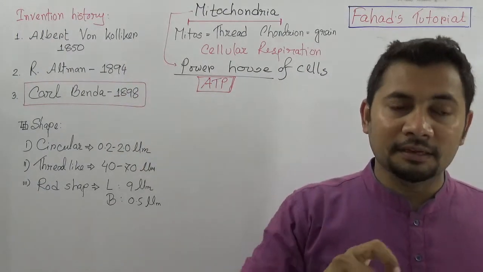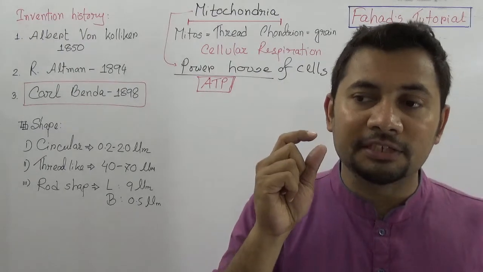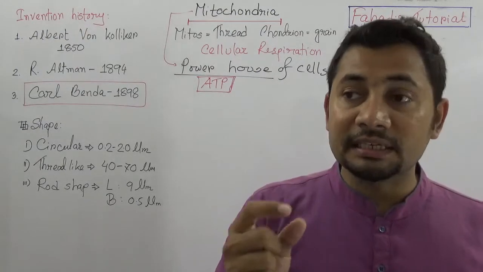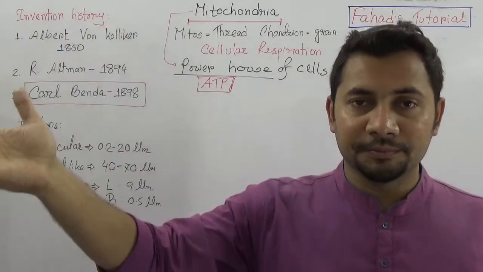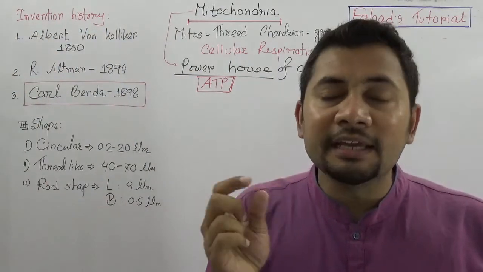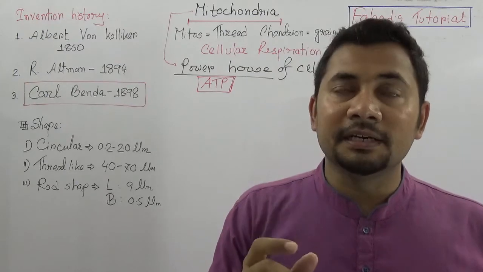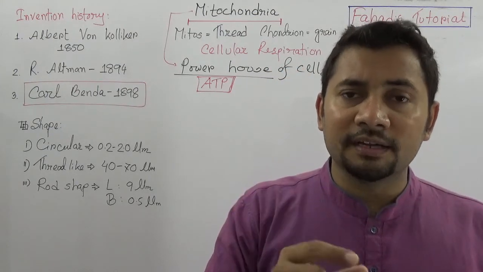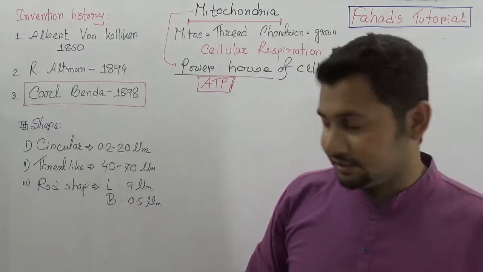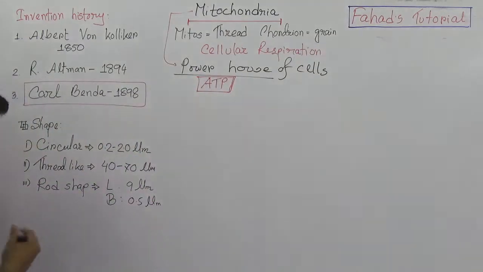If the question is how many mitochondria can be present in a cell, the answer can be one to thousands or even more. On average in our body, in animal cells, we can have 300 to 400 mitochondria per cell.